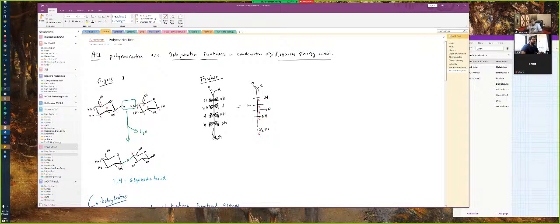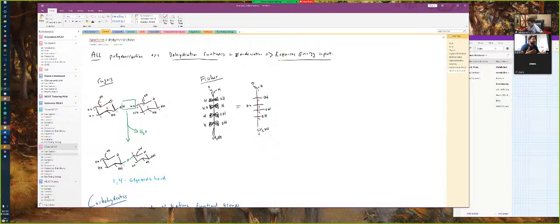Yeah. So you see how I wrote all underlined polymerization are dehydration synthesis underlined equals condensation, and then this big arrow requires energy input. Mm-hmm. Now, I didn't write this because if this is true, then the other thing is true as well.